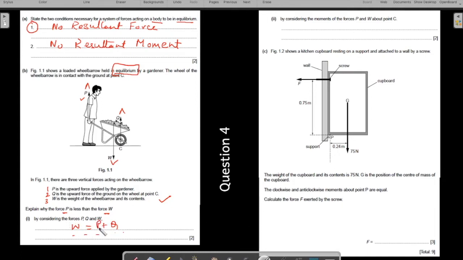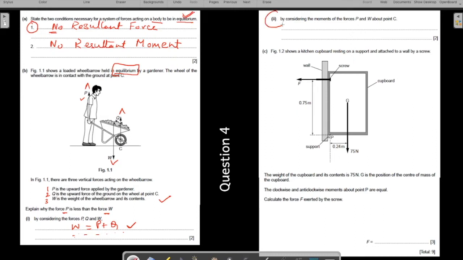That P has to be smaller than W. So 1 mark you'll gain when you write down this equation. Another mark is gained when you say, so therefore P is less than W. This is coming from the first condition which is necessary for a body to be in equilibrium.